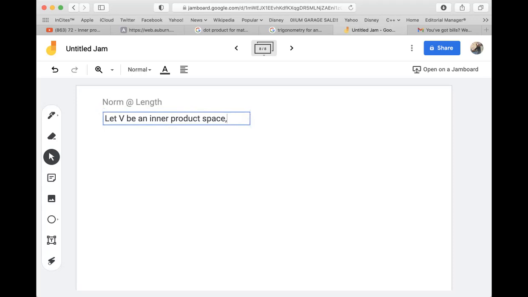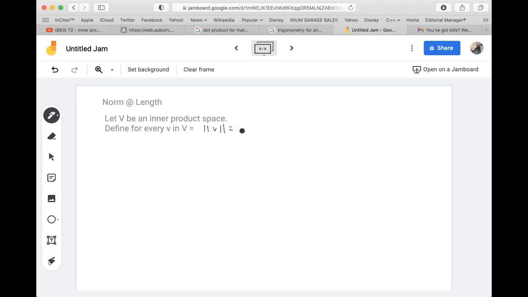And we define, for every V in capital V, the norm of V to be equivalent to the square root of the inner product of V and V.